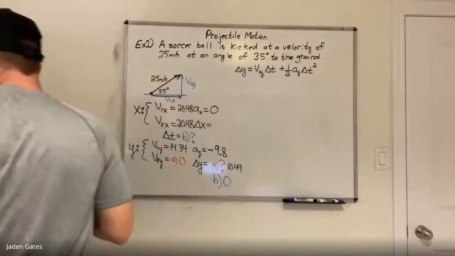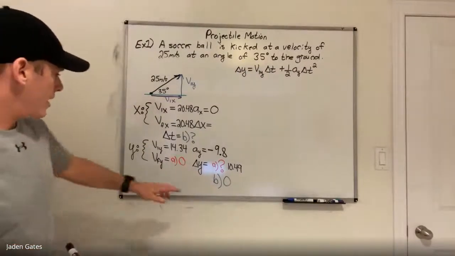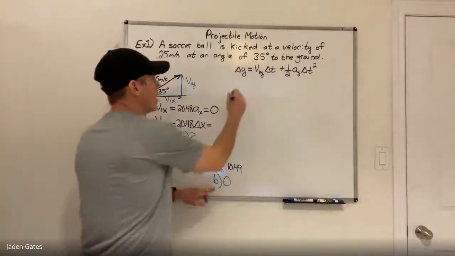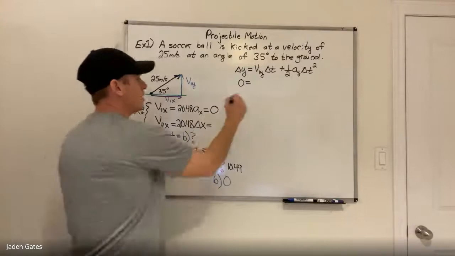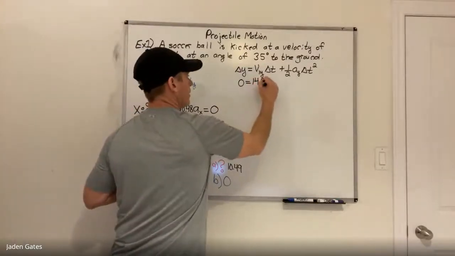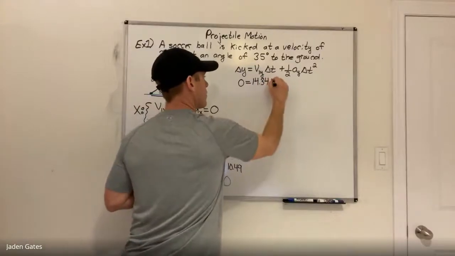All right, so now I'm going to substitute into my equation here. So again, we're dealing with B, so the delta Y is 0. V1Y is 14.43. Oh, sorry, 14.34. Get my numbers wrong here.